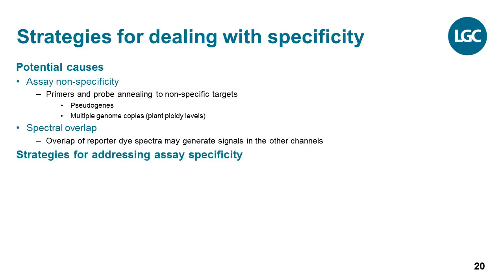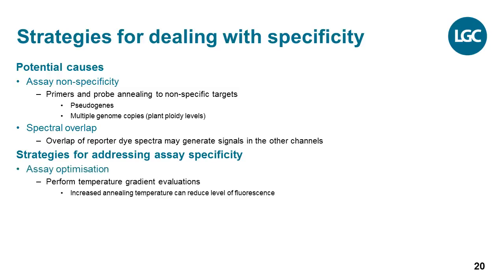A number of strategies exist for dealing with assay specificity. Additional assay optimization may be performed, primarily through analysis of primer and probe annealing temperature effects and the use of temperature gradient evaluation. Alternatively, the assay could be redesigned to be more specific, although this would require revalidation of the assay to be performed.